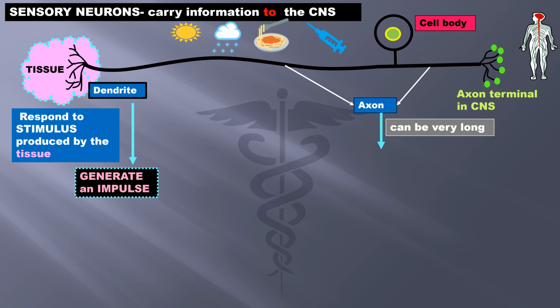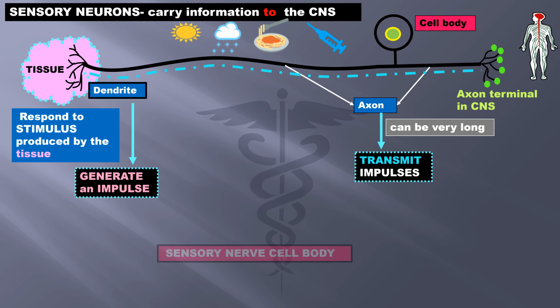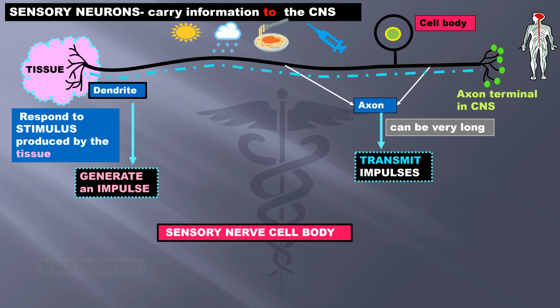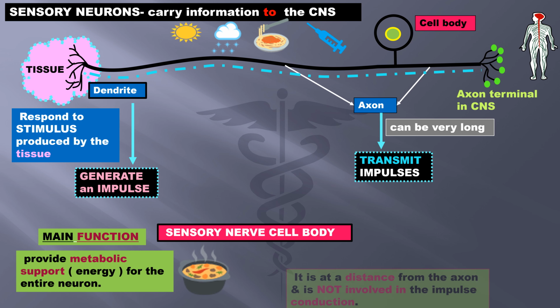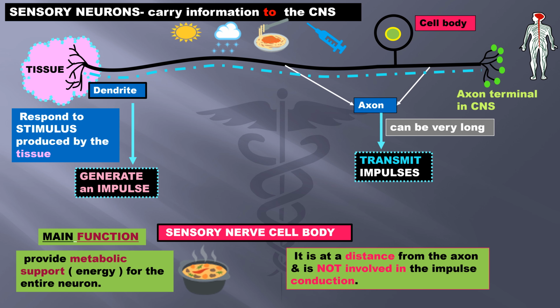Axon can be very long and functions to transmit impulses. The sensory nerve cell body has one main function, that is to provide metabolic support, that is energy, for the entire neuron. If you look at the image, you can see that it is at a distance from the axon. It is not involved in impulse conduction.